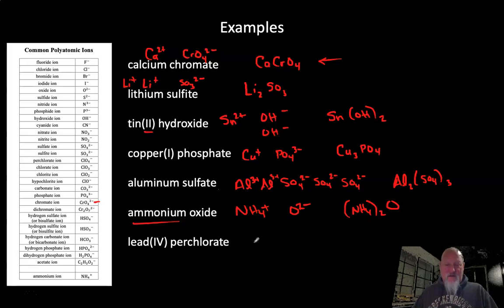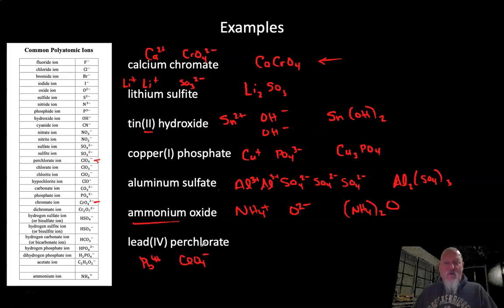And last one, lead 4 perchlorate. So lead 4 is Pb4 plus. Perchlorate is right here, ClO4 minus. And if I put these together, 4 plus and negatives, I'm going to need 4 negatives.